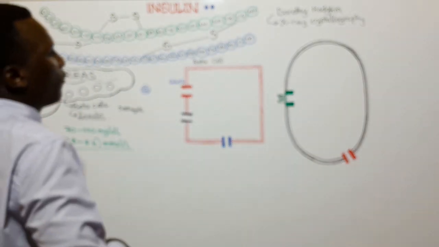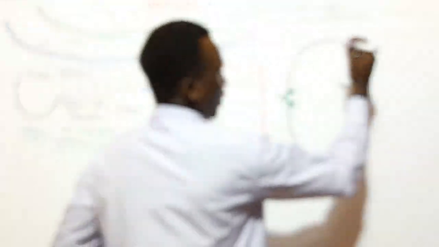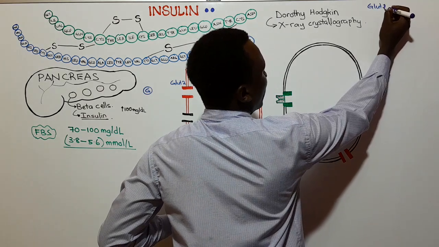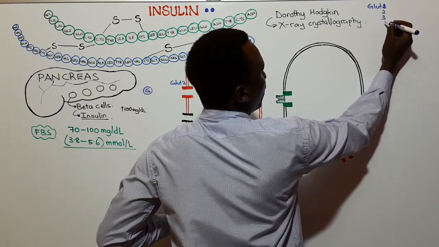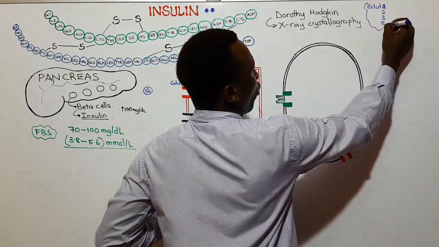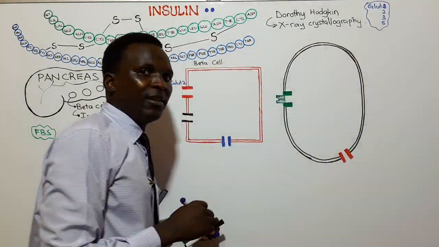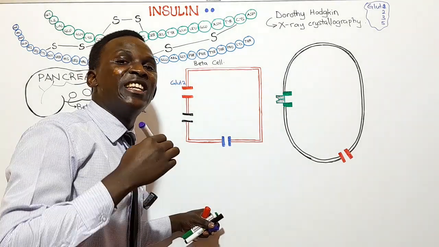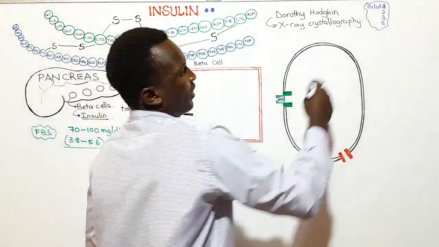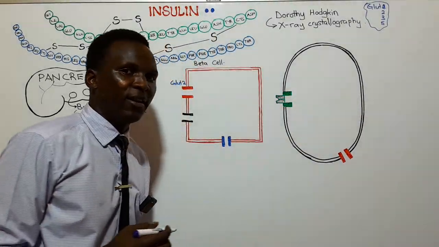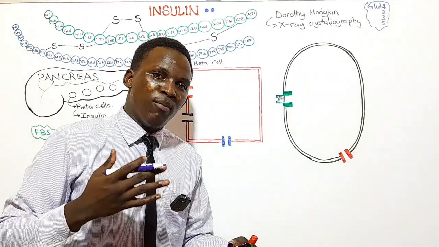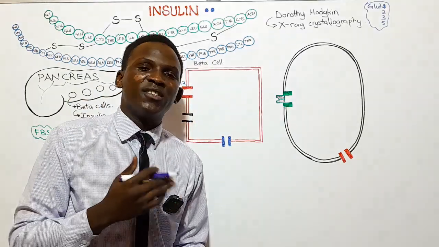If we look briefly at the glucose transporter channels, we have GLUT1, 2, 3, and 5, okay? These ones are insulin independent. They're always working, even in the absence of insulin, okay? GLUT1 is always found in the blood-brain barrier, allowing for exchange of glucose from blood into the brain CSF.